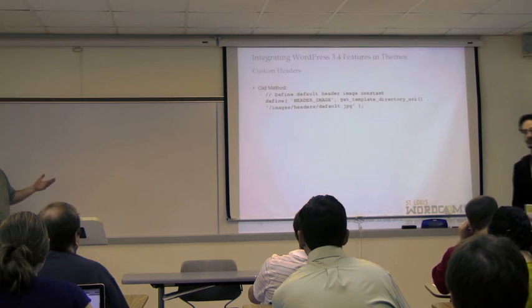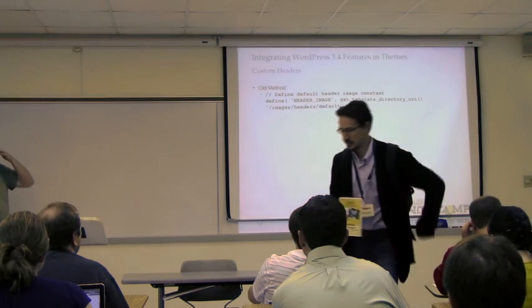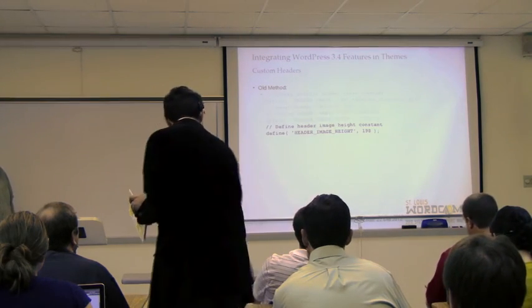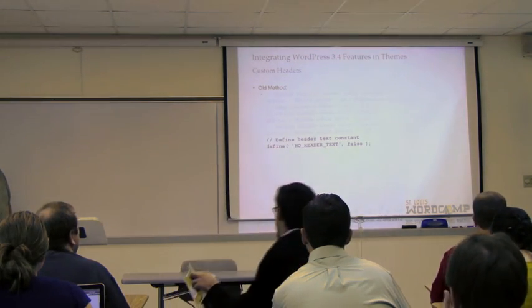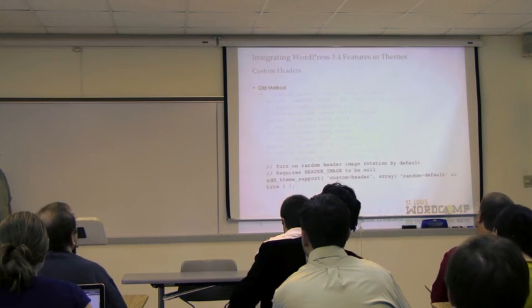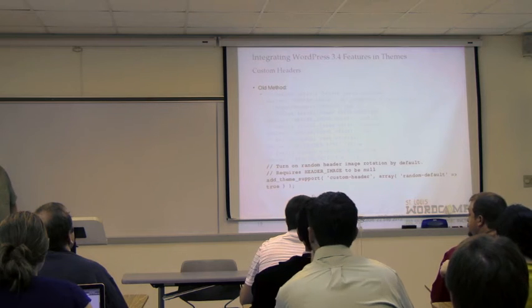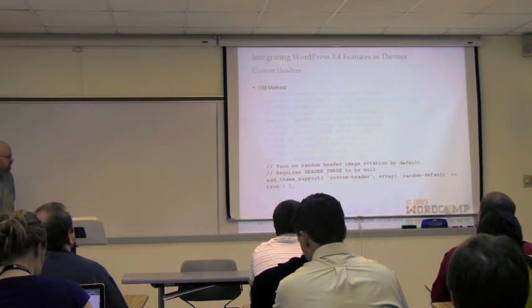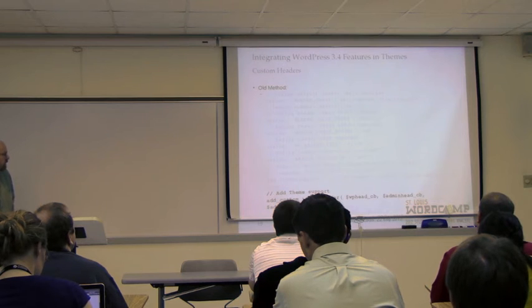Custom header works much the same way. I'm sure you're familiar with stepping through all of these constants: the header image, the height, no header text, the header text color, and then you call add theme support and add your callbacks.